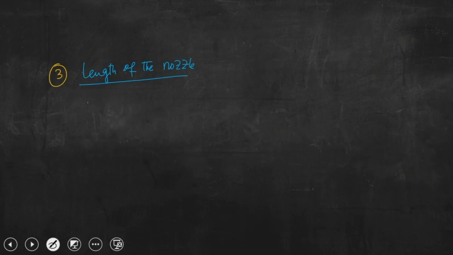Now let us see how we can relate this factor to the efficiency, to the frictional effect of the flowing stream. Say if length increases, we have studied from fluid mechanics that frictional resistance loss due to frictional effect depends on length, right.